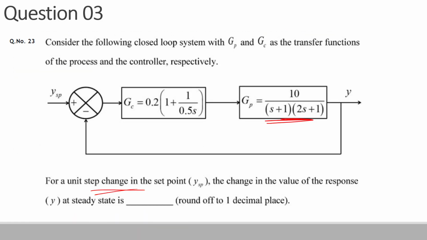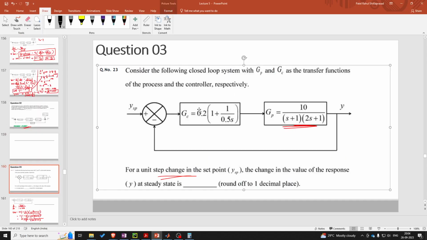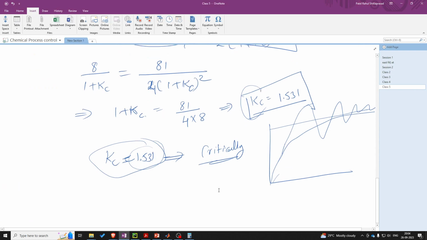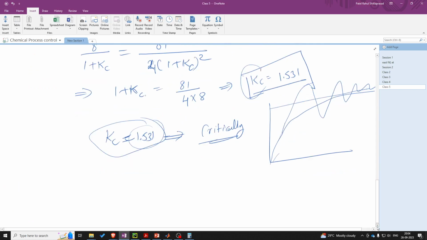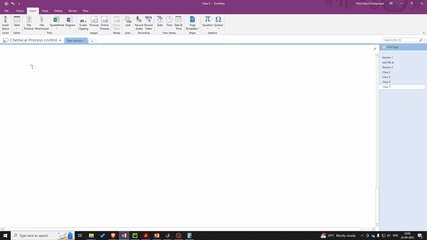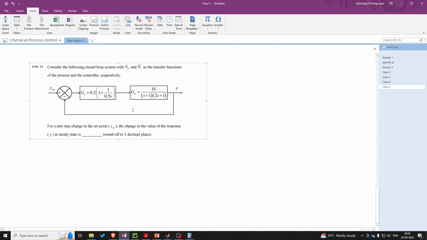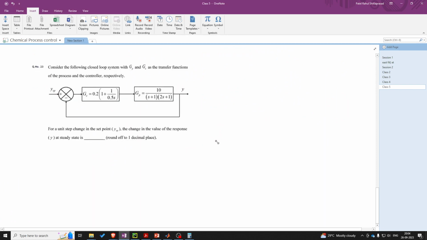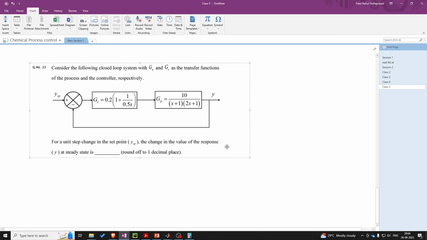So yes, I think I will give you around 5 minutes to solve this question, and then we can try solving it. Right now it is around 20:05.